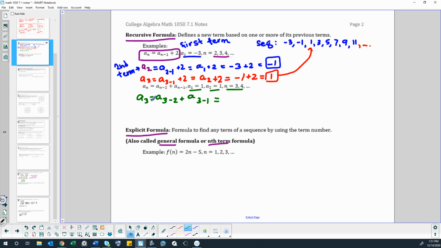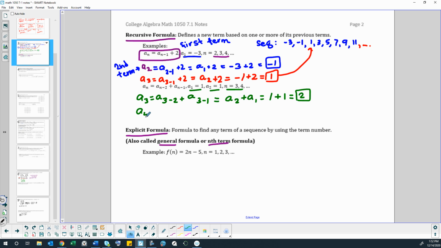So the third term is the term number defined by 3 minus 2, and the term number defined by 3 minus 1. So literally that's saying we take term 2 and we're adding term 1 to it. So term 2 is defined as 1, and term 1 is also defined as 1. So together we find term 3, which is 2.